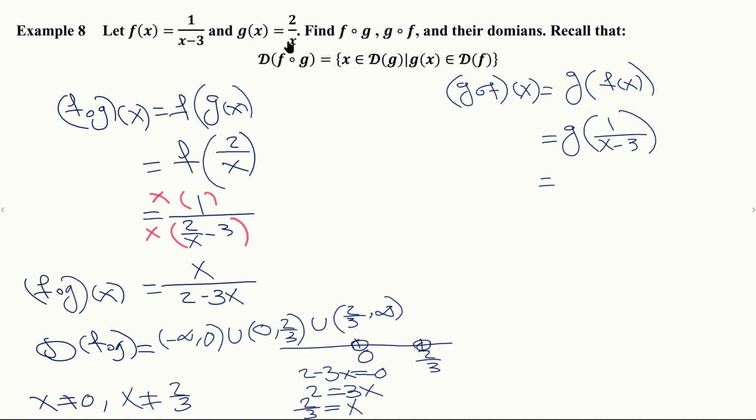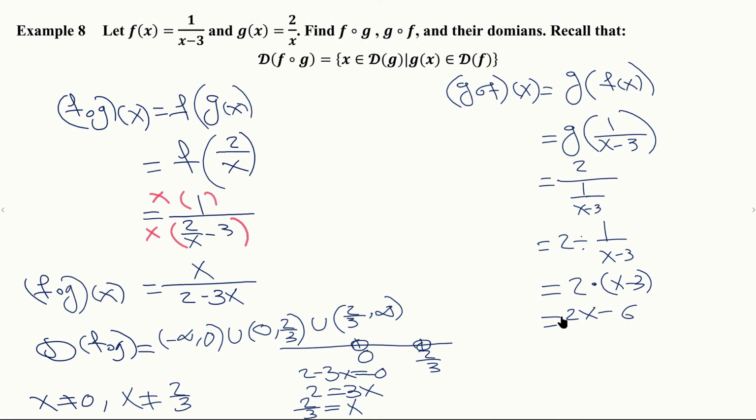So wherever we see x in the expression for g, we're going to replace it with 1 over x minus 3. So we get 2 over 1 over x minus 3. So that just means 2 divided by 1 over x minus 3, which is 2 times x minus 3 over 1, right? Just definition of division of fractions, right? So 2x minus 6.